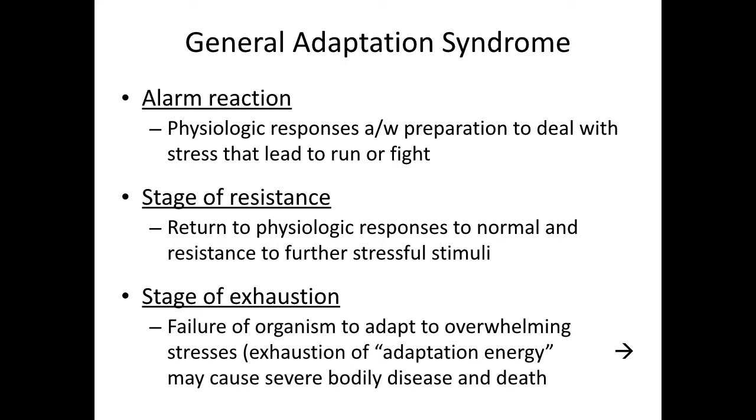So there are different stages. In alarm reaction, physiologic responses are associated with preparation to deal with stress that lead to run or fight. In the stage of resistance, there is a return of physiologic responses to normal and resistance to further stressful stimuli.